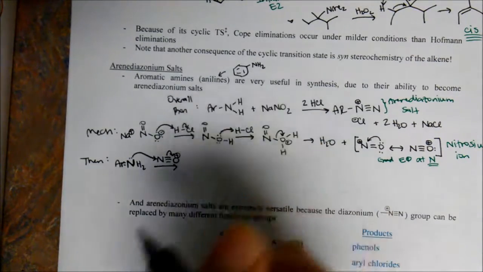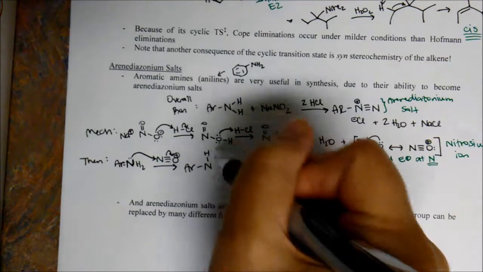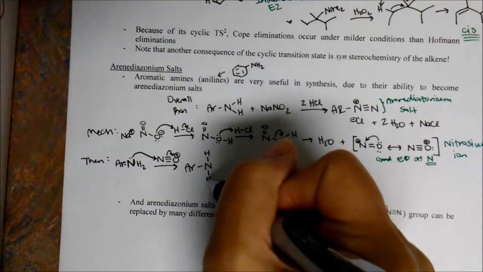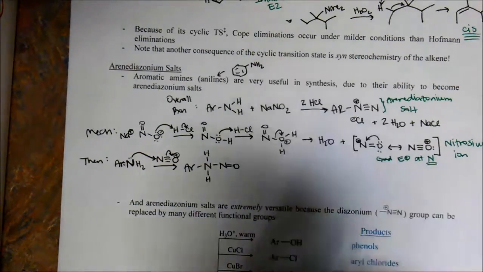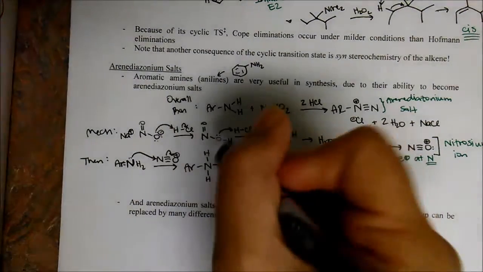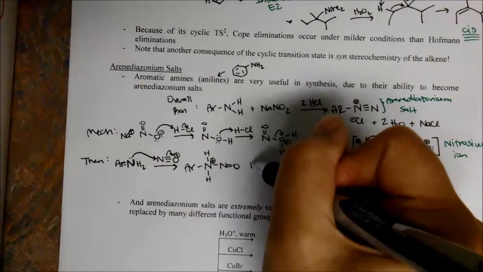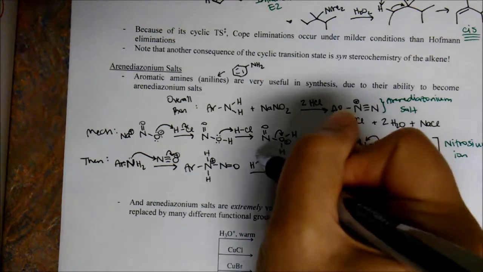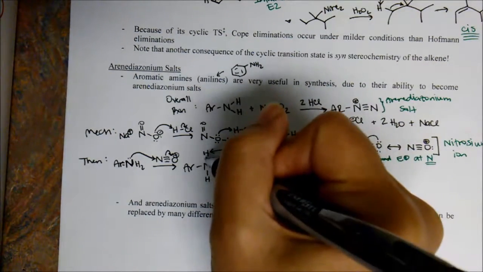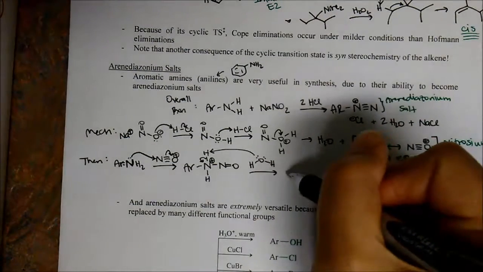Ar, H, H, N, double bond O. Now we have a plus charge here. We have water in there from earlier, which will go and deprotonate this guy. We're almost there.